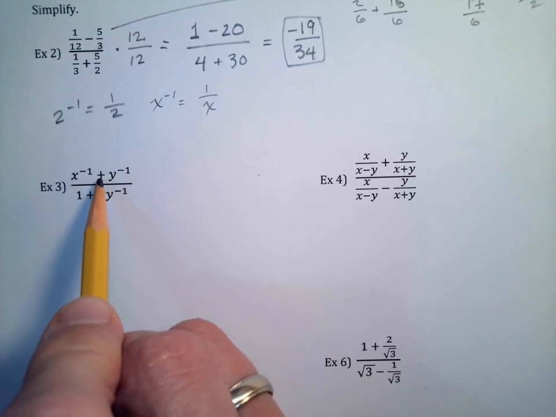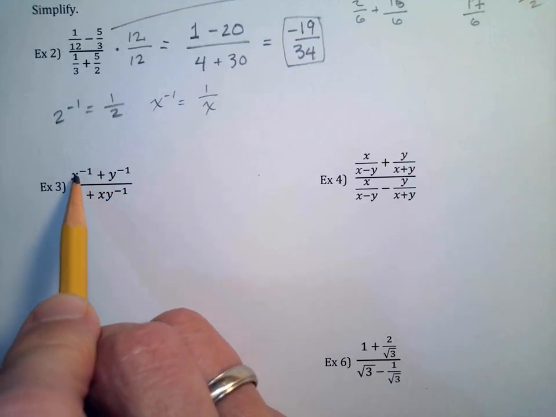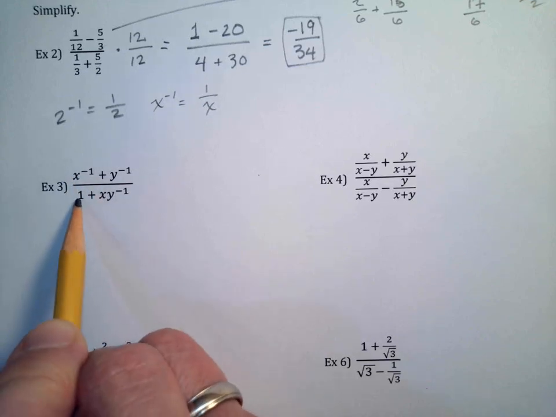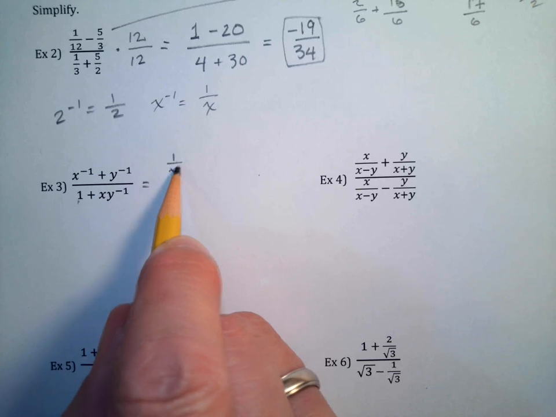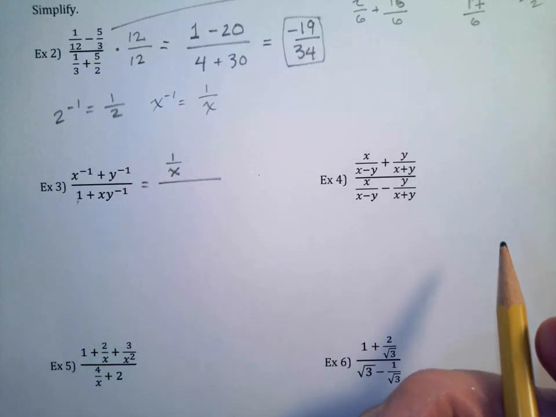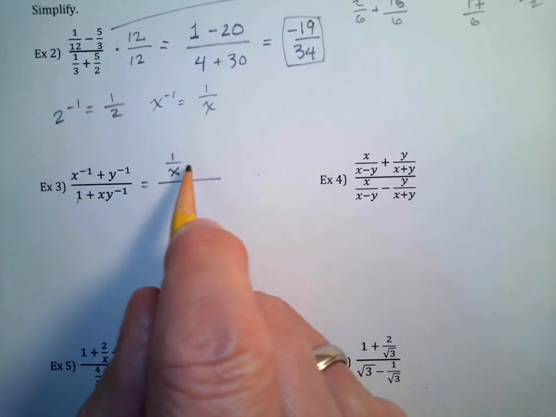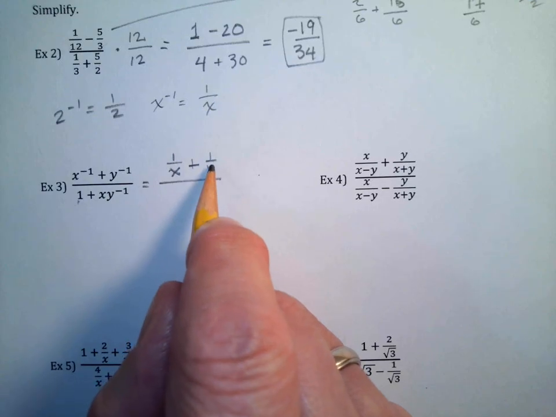Because of this plus sign, when I try to get rid of this negative exponent and bring the x downstairs, it doesn't come down here. This is what it becomes. It's 1 over x, right, on the top fraction, the top, and then plus 1 over y.